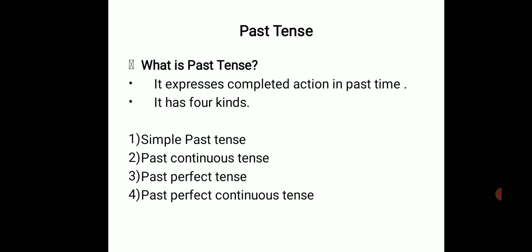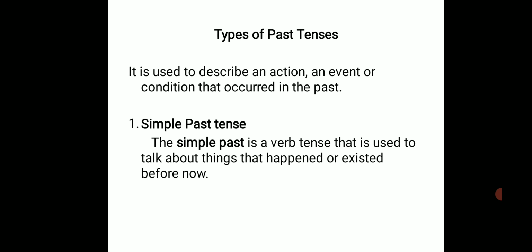Yes, look at the divisions or categories in past tense: simple past, past continuous, past perfect, and past perfect continuous. Let's see where and how we can use simple past, and for what we can use continuous, and for which we can use perfect and then past perfect continuous.